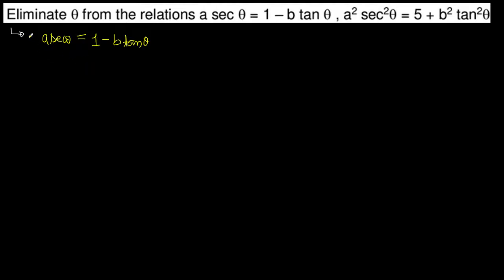This is 1, this is 2. We have a square sec square theta equal to 5 plus b square tan square theta.